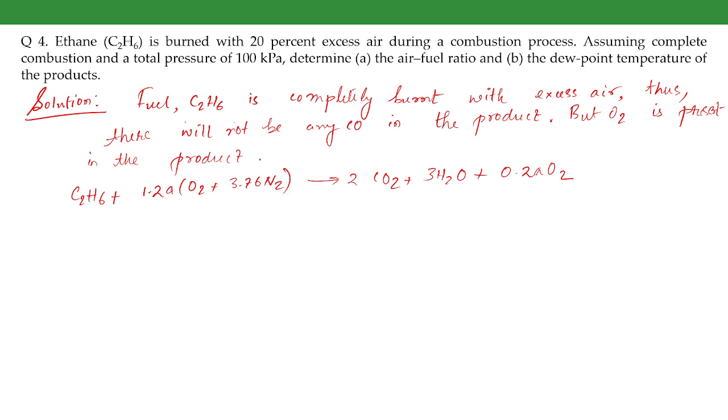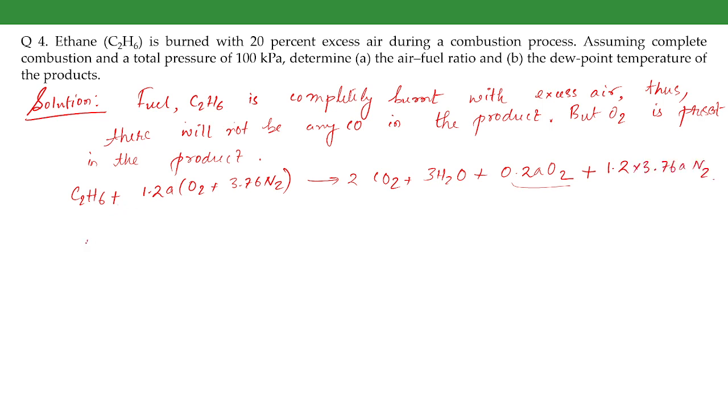Why 0.2 A oxygen? Because let A be the theoretical one, and 0.2 A is what we are giving in excess, that is 20% excess. So 20% excess of oxygen will remain unreacted in the product, so 0.2 A O2 plus 1.2 into 3.76 A nitrogen.